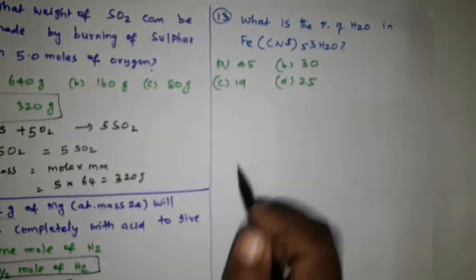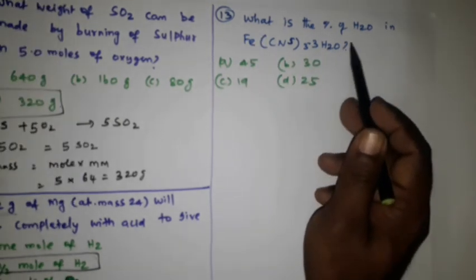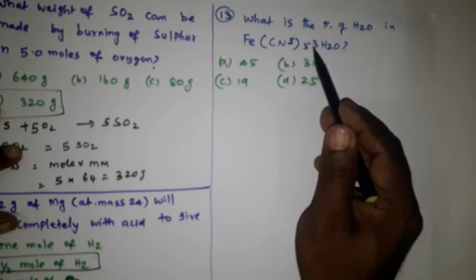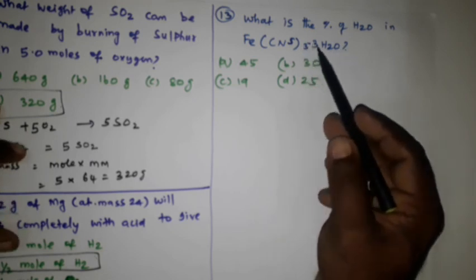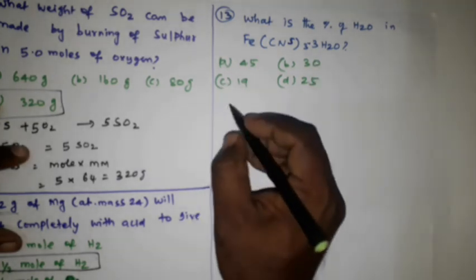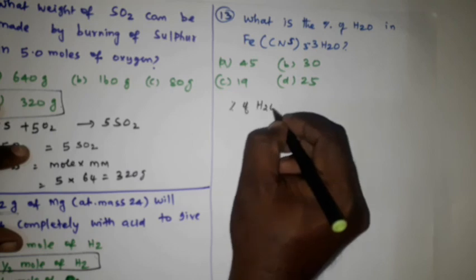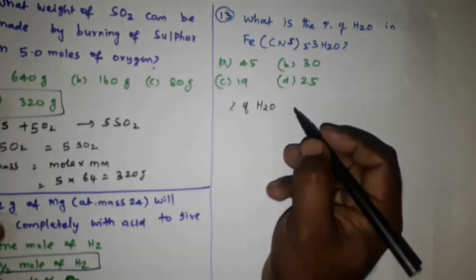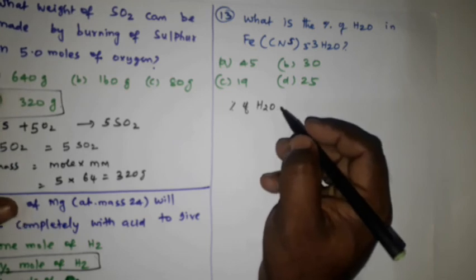So question number 13. What is the percentage of H2O in Fe(CNS)3.3H2O? In this compound, what is the percentage of H2O? This type of question we already discussed, I think in question 8 or 9, with P2O5.